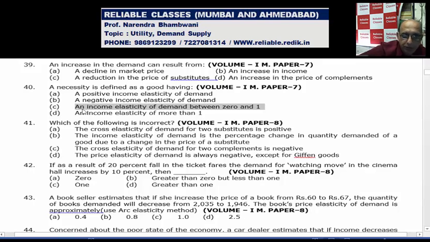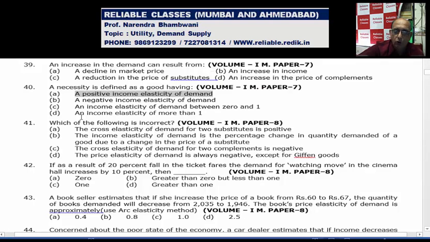When it is between 0 and 1, it is relatively inelastic. At 1, it is unitary elastic. If it is more than 1, it is relatively elastic.